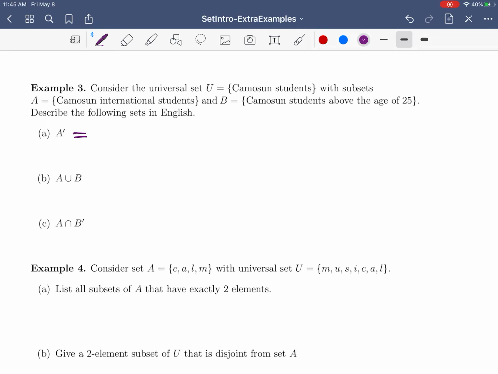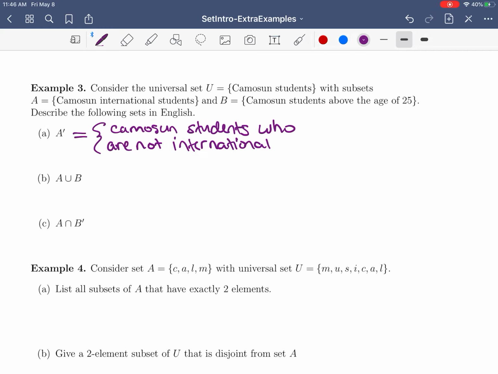So this is within the universe, so it has to be a set containing Camosun students, and we don't want them to be in A, so that means that they're not international. So Camosun students who are not international. Okay, another word for that is domestic.